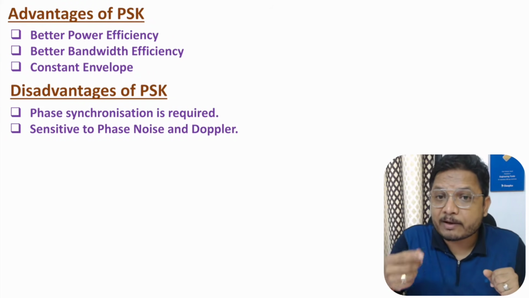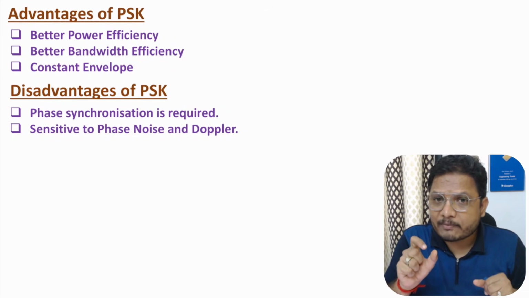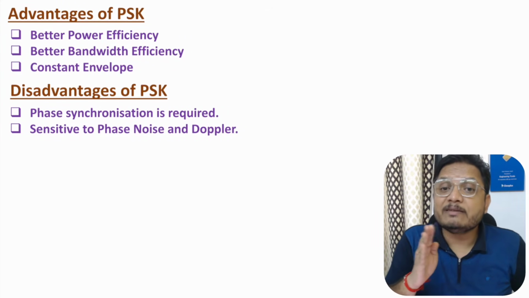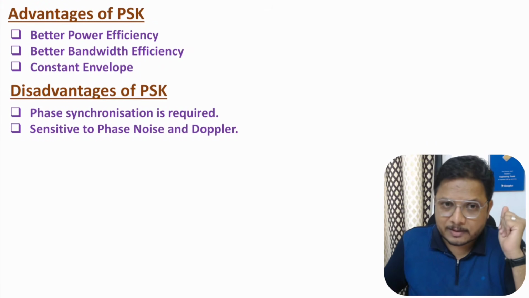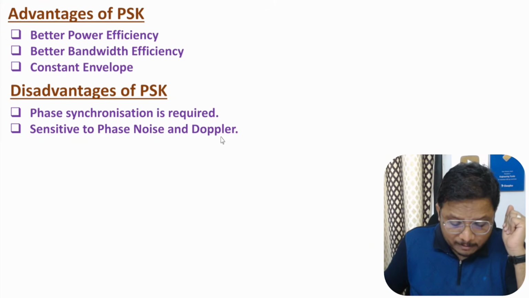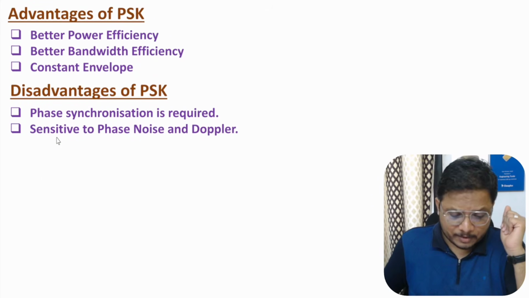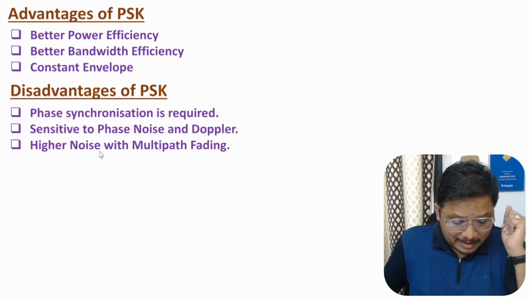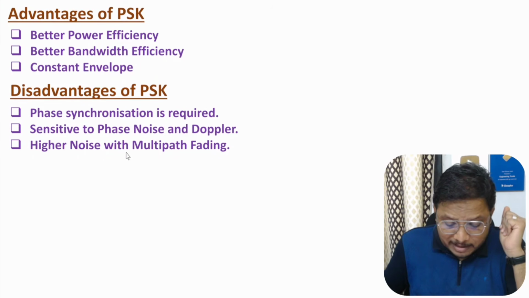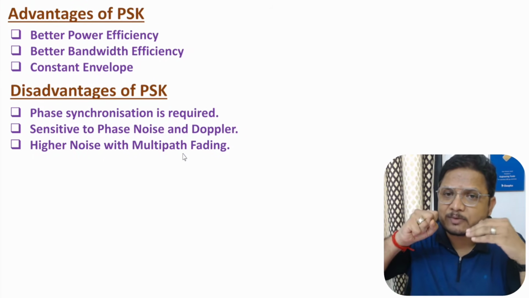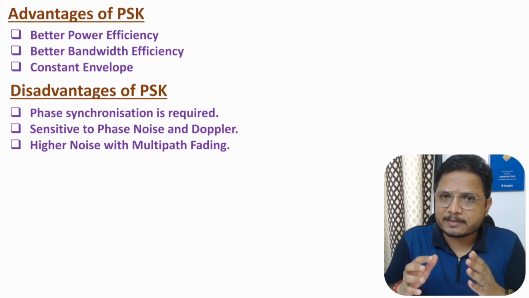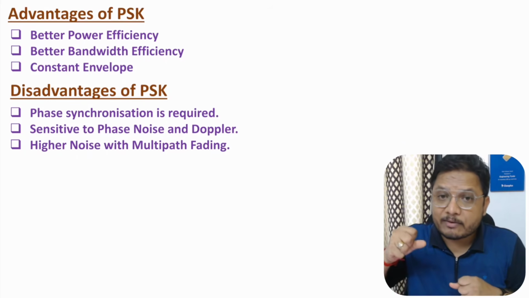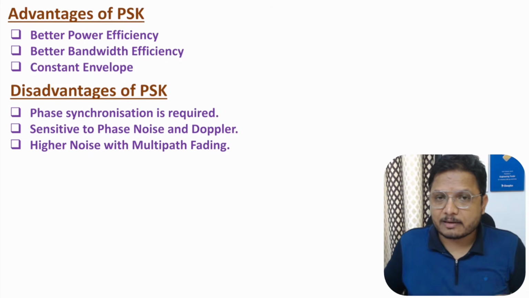Doppler effect means there will be a change in frequency of the received signal due to the motion of the receiver. So if there is phase noise or Doppler, PSK signals are very sensitive. PSK also has higher noise with multipath fading. When we receive a signal from multiple paths, it has higher noise, because we need to extract the phase, which is the information.